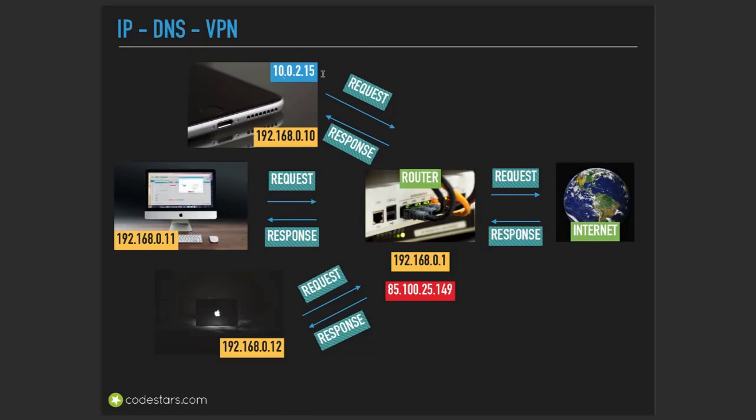But the important part is that this router also has a public IP. You may know your public IP by going to google.com and searching for what is my IP. This is the IP address that hackers try to change when they go online. This is the IP address that you must not share with anyone.